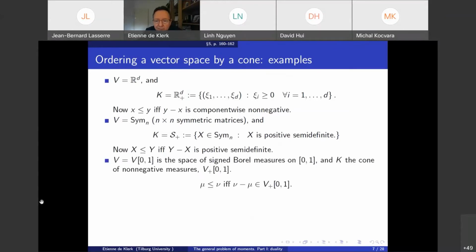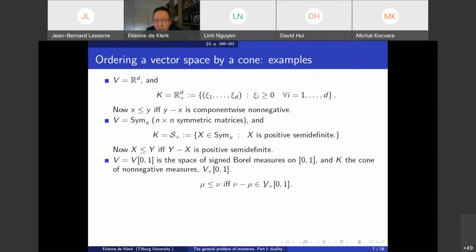For the general problem of moments, we are interested in these more exotic spaces of signed Borel measures, and the cone is the cone of non-negative measures. So we say the measure mu is smaller or equal to measure nu if and only if nu minus mu is a non-negative measure.